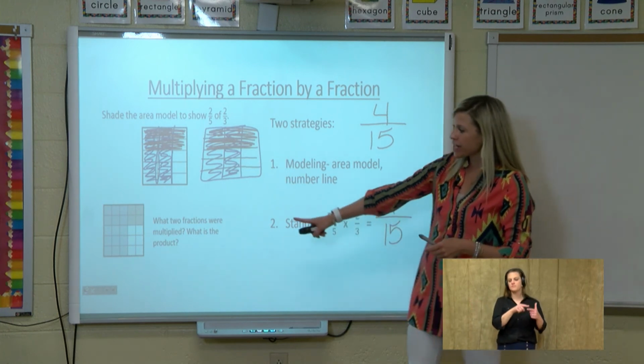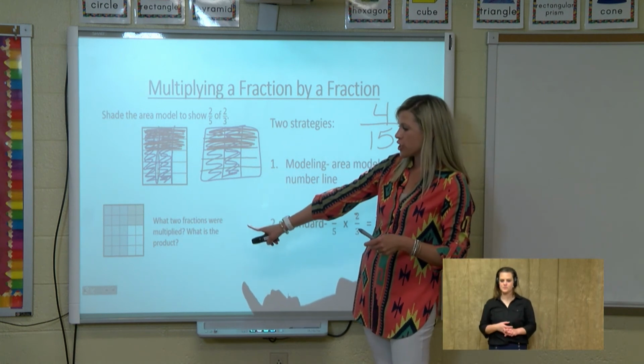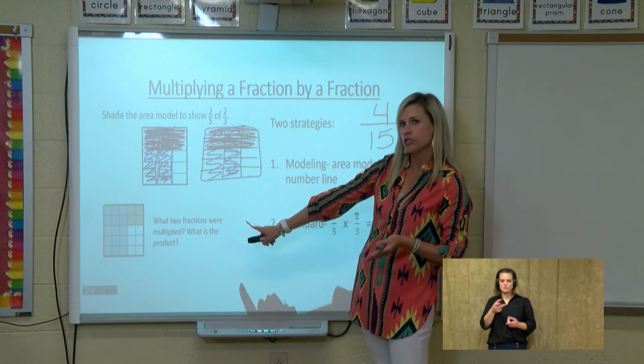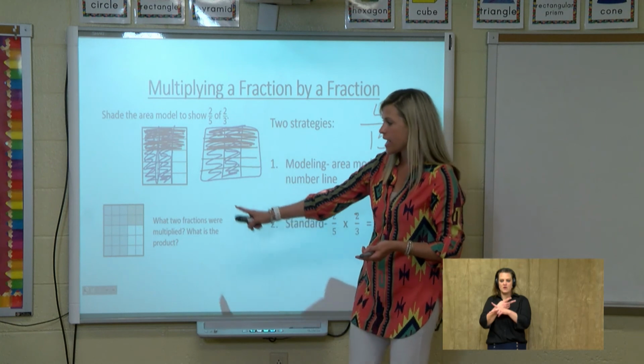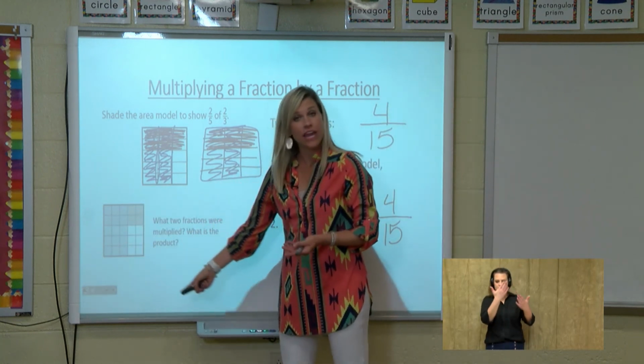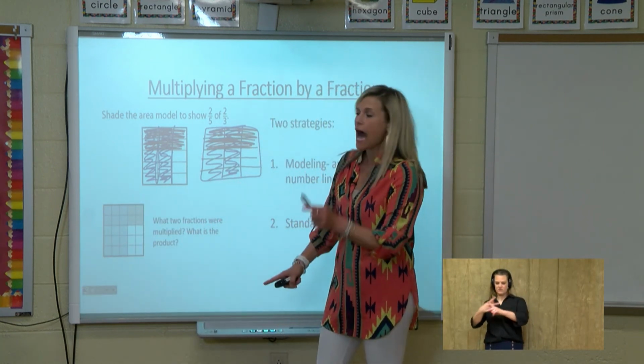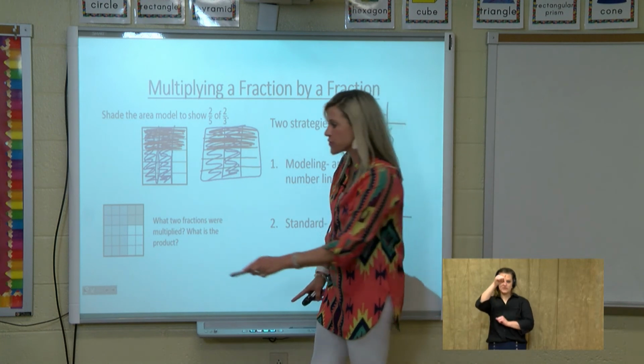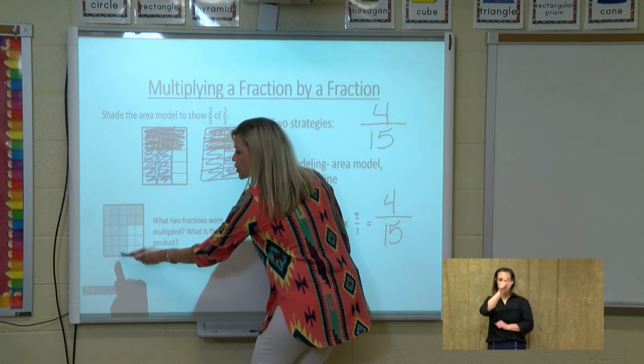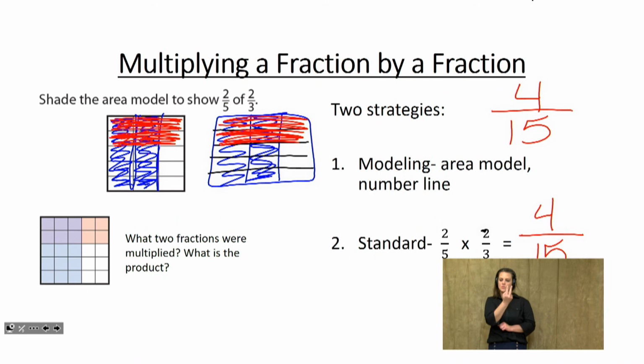All right, let's look here and let's try to figure out what 2 fractions were used to multiply by looking at the area model. I'm going to go down the model first. Row 1, 2, 3, 4, 5. So that denominator is 5.